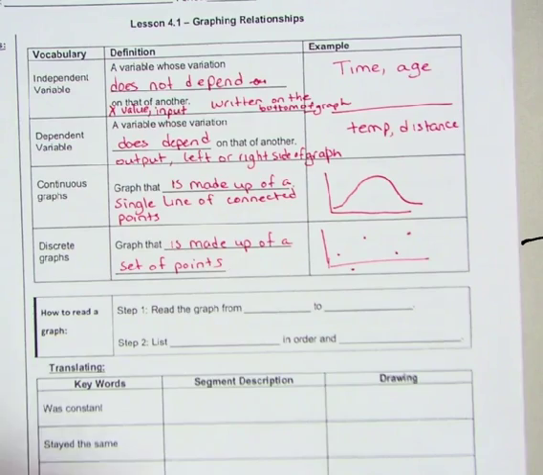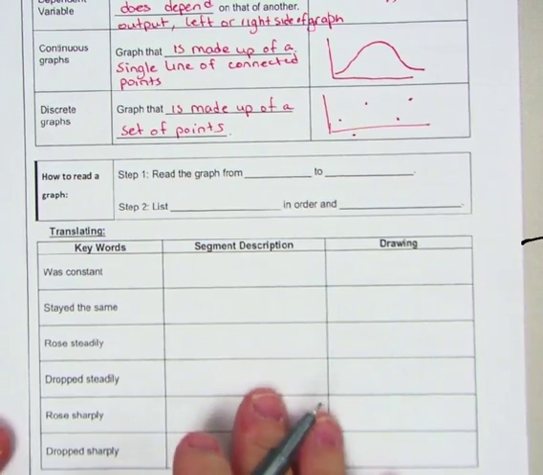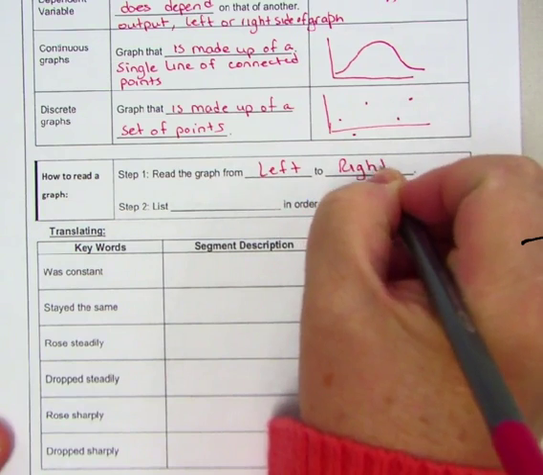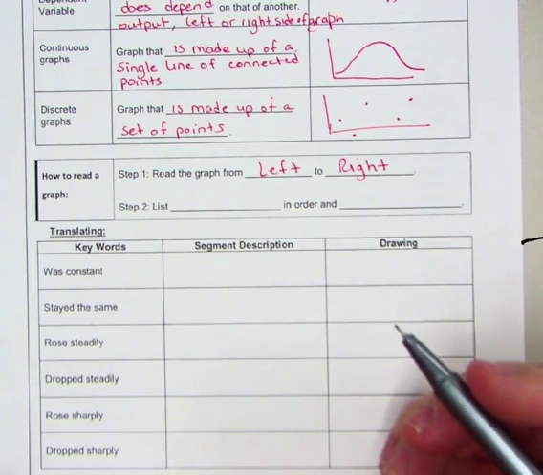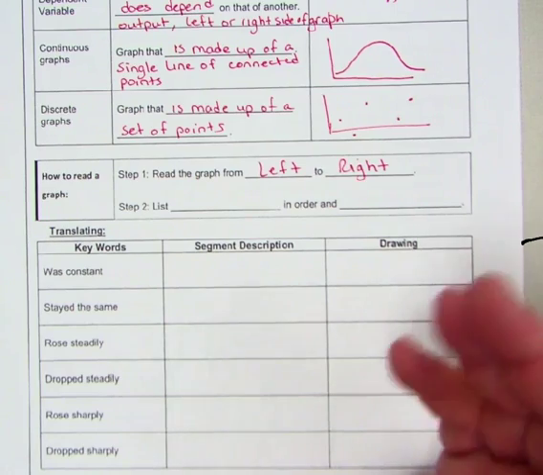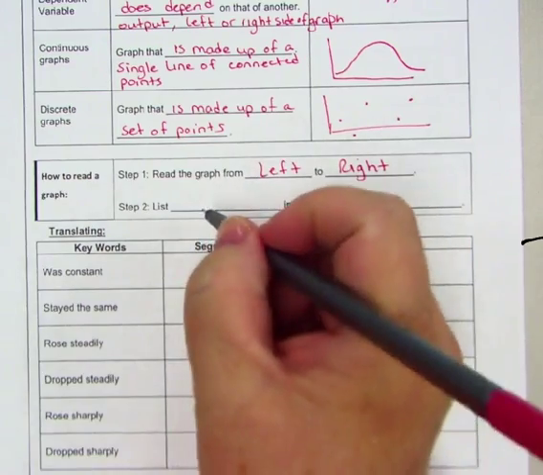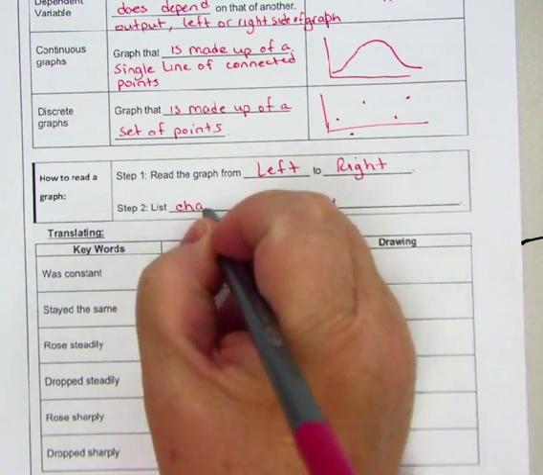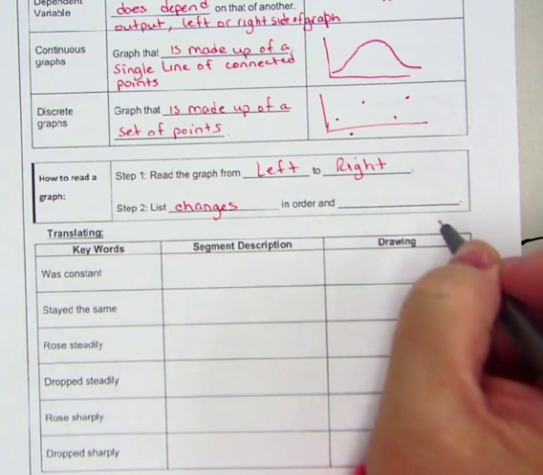Okay? Now, some important key things to remember. When you're reading a graph, you always read from left to right. And then also look for changes in the graph. Okay? And use those changes to figure out what's going on in each section. So look for changes. List the changes in order, okay?